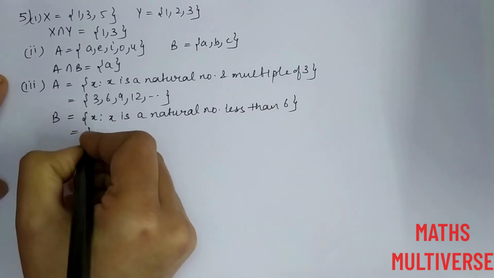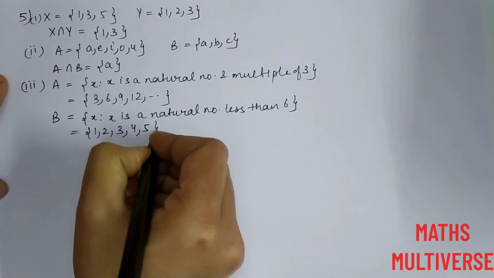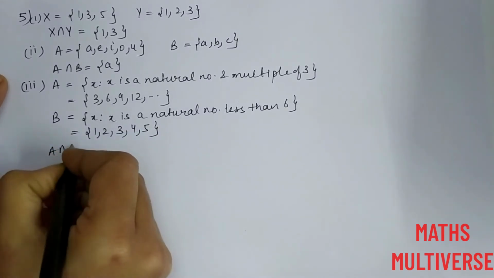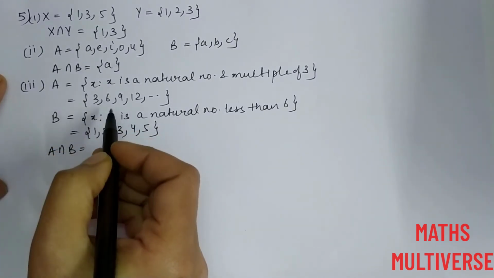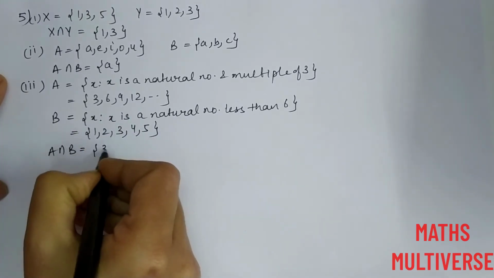So here we will have 1, 2, 3, 4 and 5. So when we find A intersection B, we will have just one common element which is 3, because only 3 is common in both the sets, so our answer will be equal to {3}.